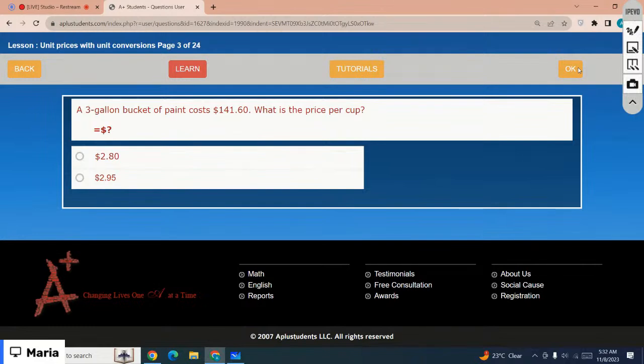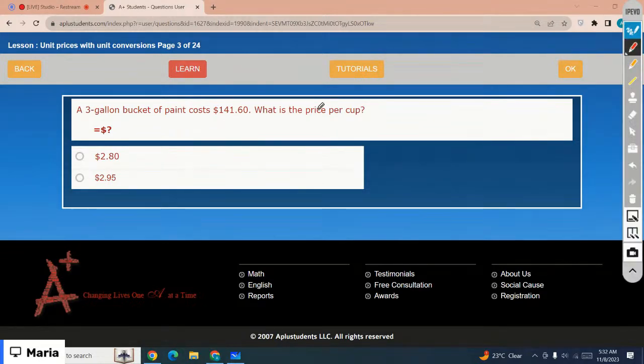So that is a conversion from gallons to cups, right? In 1 gallon you have 16 cups. So 3 gallons equal 3 times 16, that is 48.